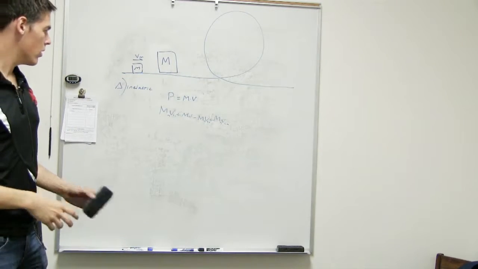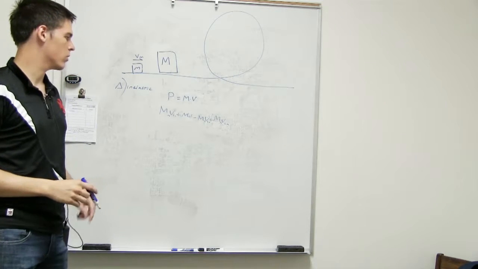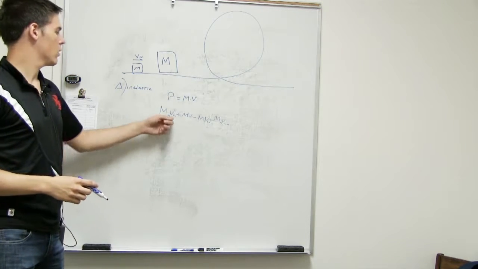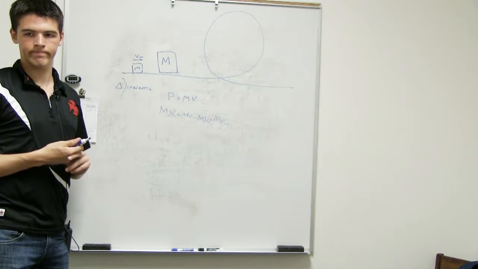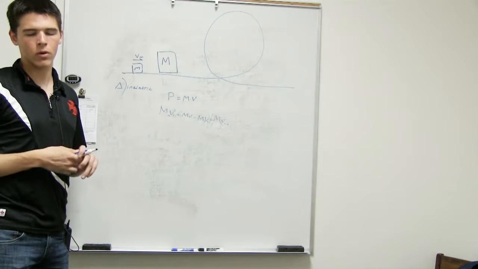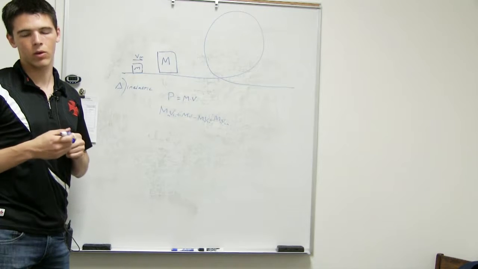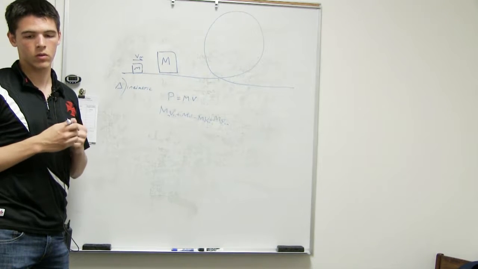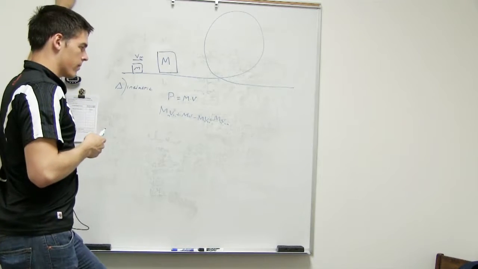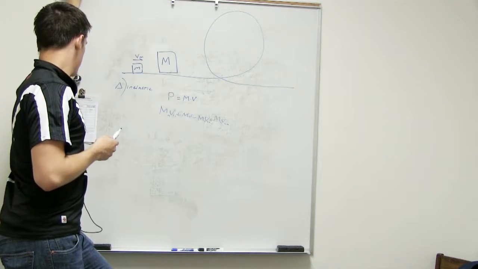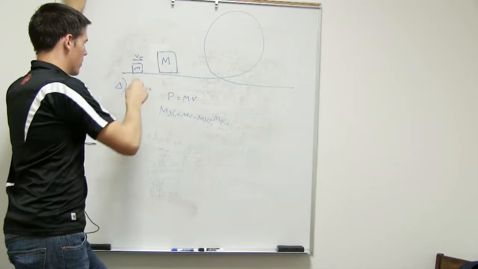Cool. So what do we have? What does it start out with? We don't have numbers, but we have variables. It just says mass m slides along a frictionless surface.